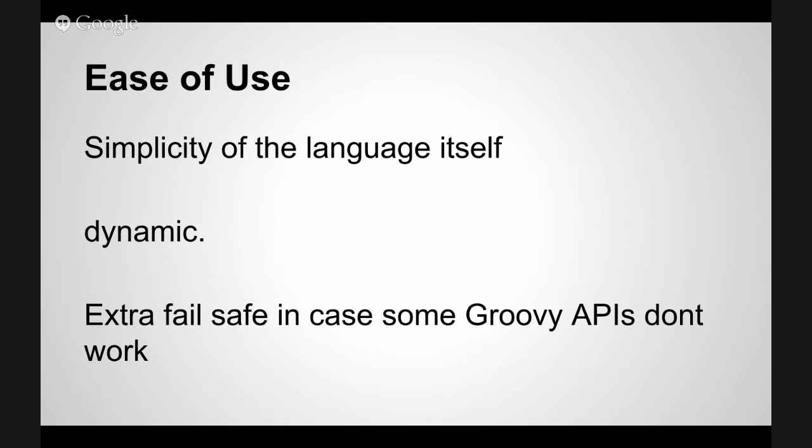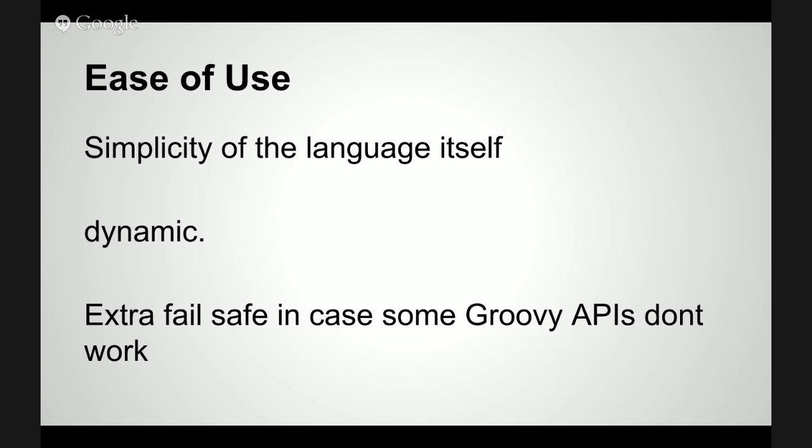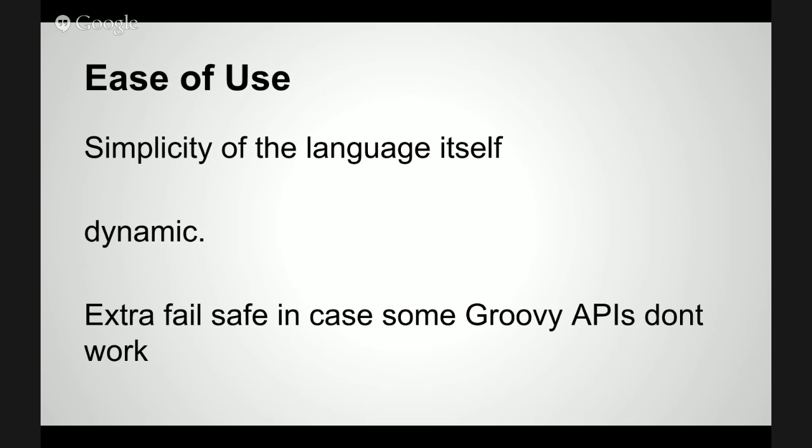Let's say at one point you write your code in Groovy and you find out that the API is not working, but you can just rewrite that particular chunk of code in Java. Then you compile the code again, and you find out that it works.